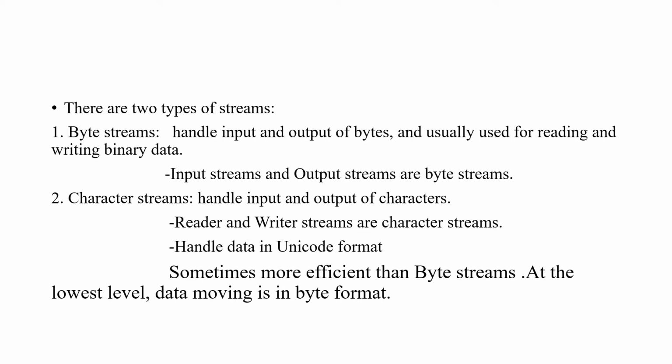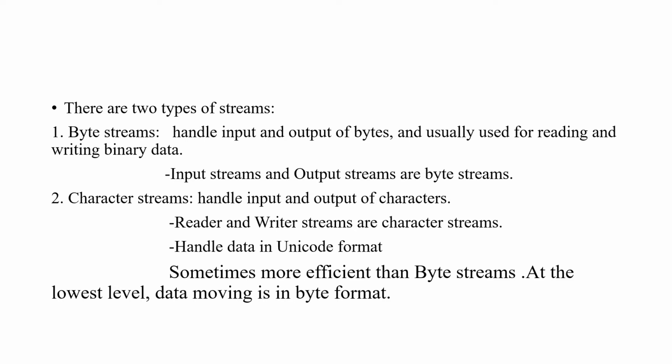Two types of streams are available in Java. They are byte streams and character streams. Byte streams handle input and output of bytes and they are used for reading and writing binary data. Input streams and output streams are byte streams. Character streams are meant for handling input and output of characters.